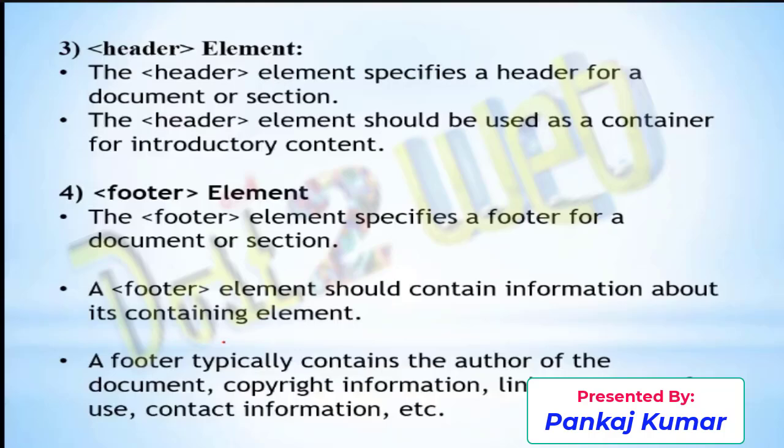Then the footer: you have seen on several websites, at the bottom it is written that this website is copyright by so and so. So you have to define the footer. The footer element specifies the footer for a document or section. It should contain information about the containing element, typically the author, document, copyright information, terms and conditions, and some contact information will be on any website. Clear?